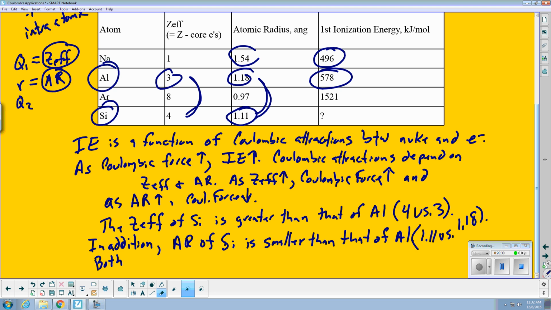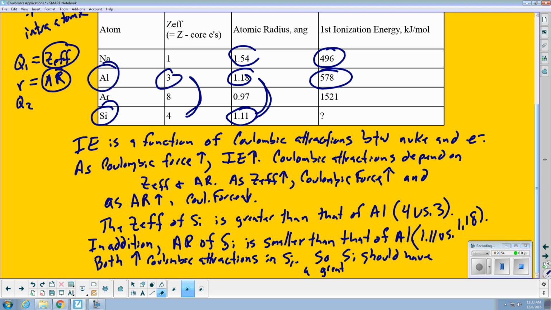Both increase the Coulombic attractions in silicon. So silicon should have a greater ionization energy than aluminum. Cool.